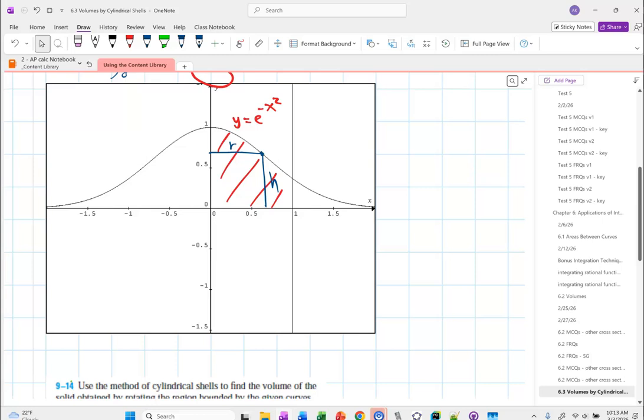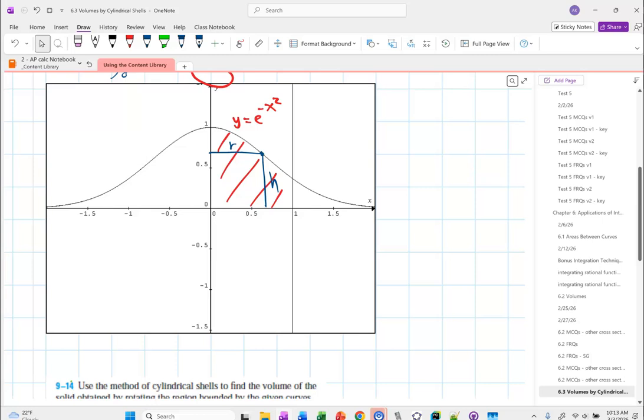Will the height always be the function itself? Could it change? Yeah, probably not in your circumstances. So h is kind of always the function.